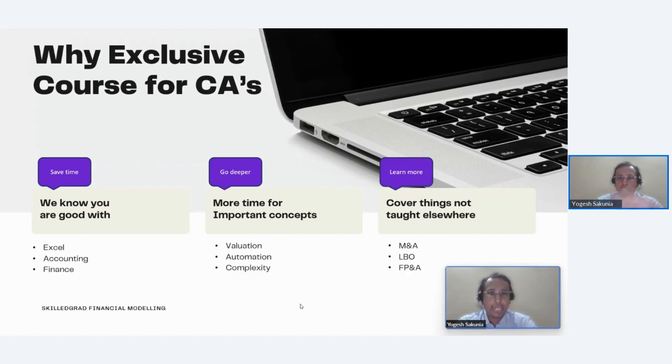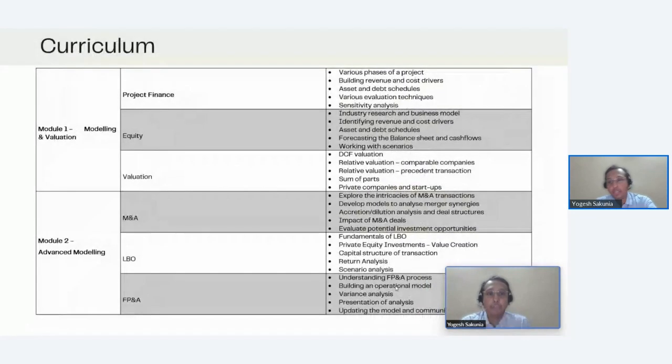So these are additional things that you will learn beyond a typical modeling and valuation course. Most courses will not cover this, and even if they cover it, they will basically be touching base on it. We will go comparatively deeper into this.